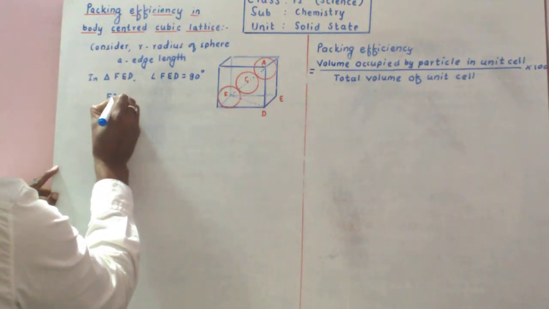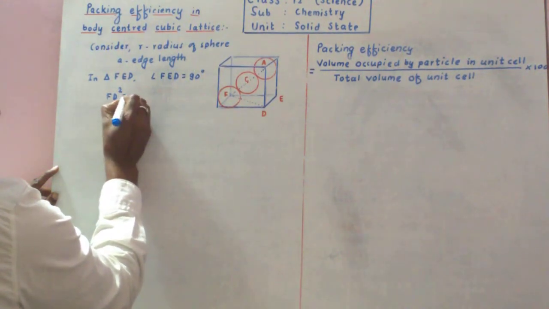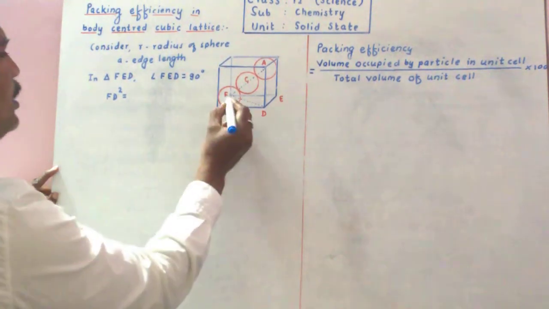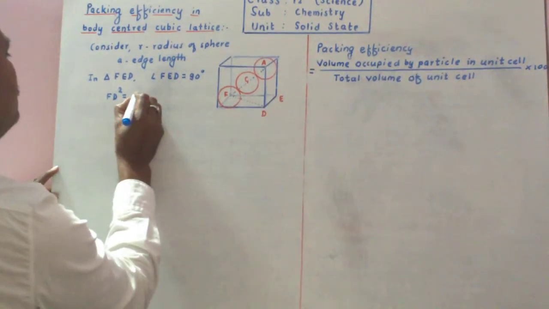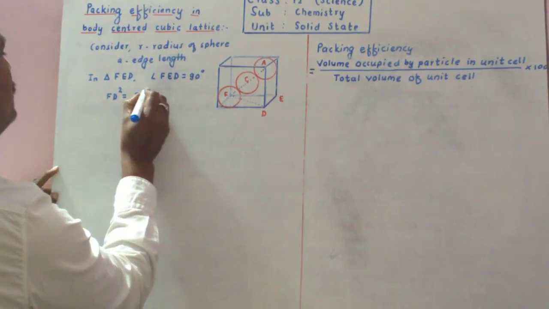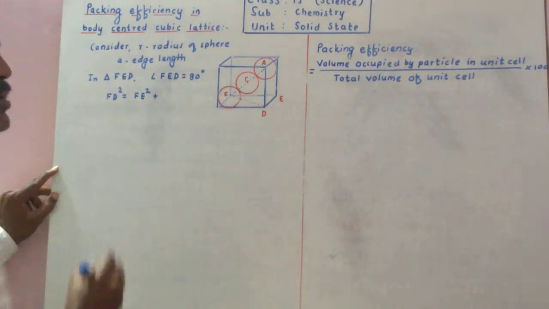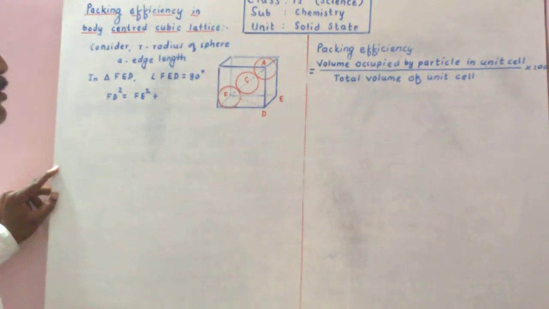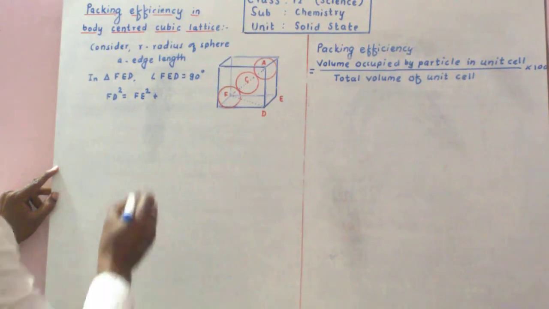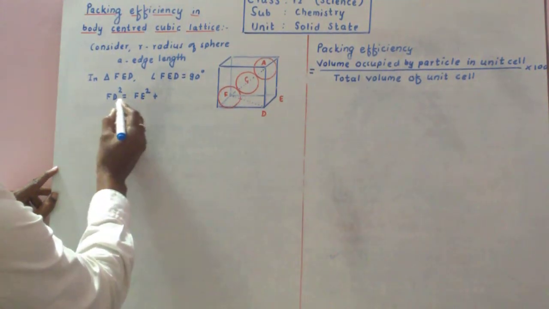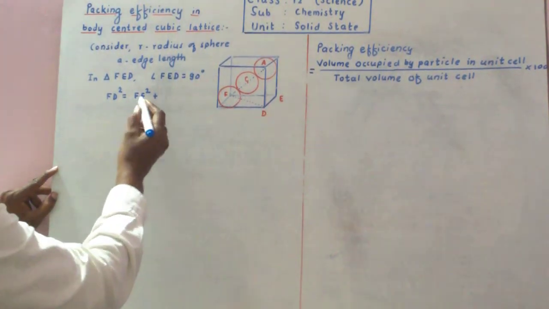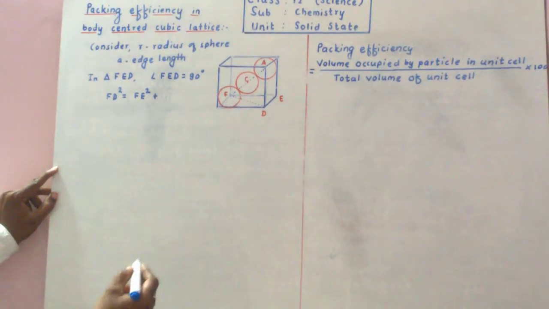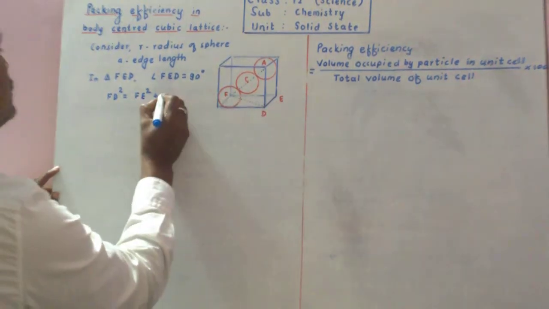So by using Pythagoras theorem, FD square equal to FE square plus DE square.